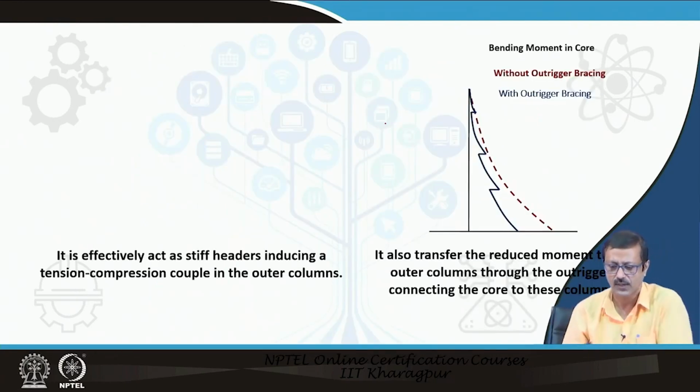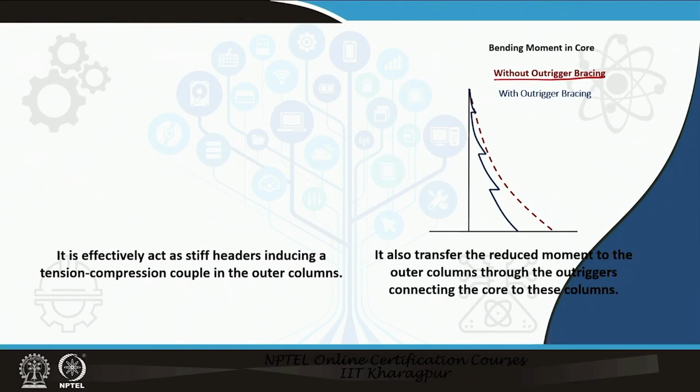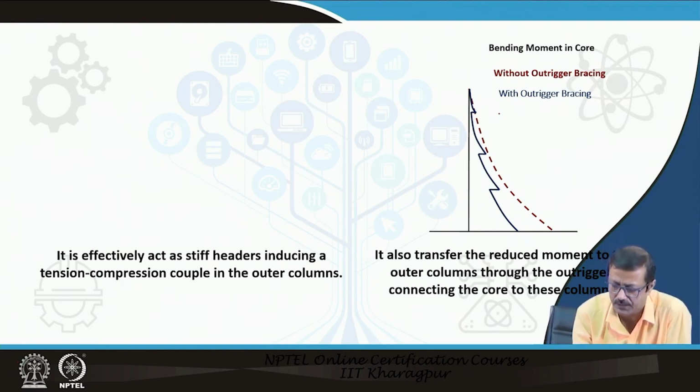Here, what is going to happen to the load transfer: if you do not have any outrigger bracing, which is the belt truss, the bending moment is generated like this. This is the case of a high-rise building. You imagine it as a cantilever, it is like this, right? So let me erase this. But if you provide the outrigger, then at all these outriggered points there is a reduction in the bending moment.